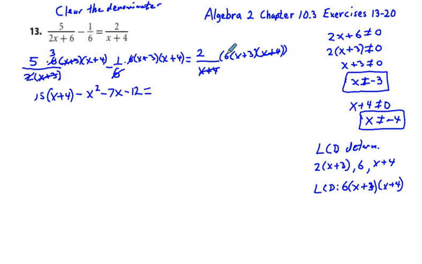And that's going to be equal to 2 times 6, which is 12, times quantity x plus 3. And then going ahead and distributing, we have 15x plus 60 minus x squared minus 7x minus 12 equals, on the right side we have 12x plus 36.